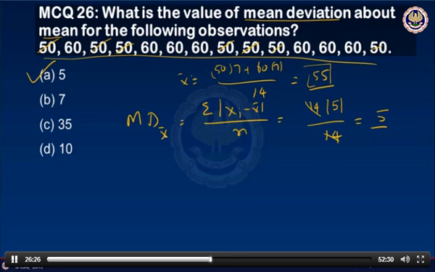And the mean deviation from mean formula is summation of modulus of xi minus x bar by n, 14 observations, and each observation is subtracted by 55. So after subtracting, each value is 5 only. 14 times, this way 14 get cancelled. The 5 is the mean deviation from mean for this data. So option A is the correct answer.